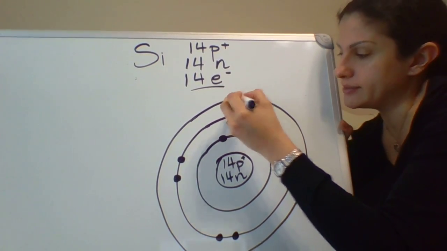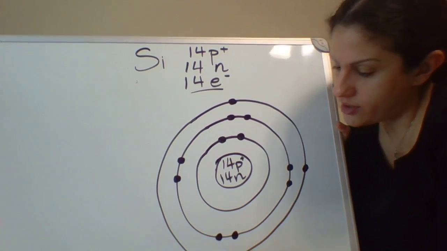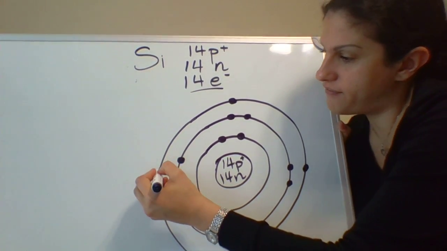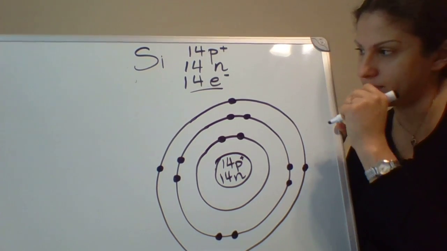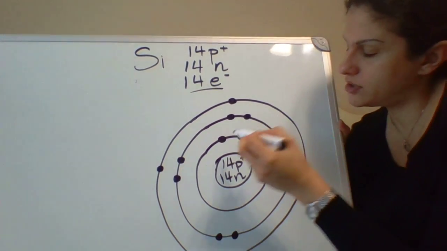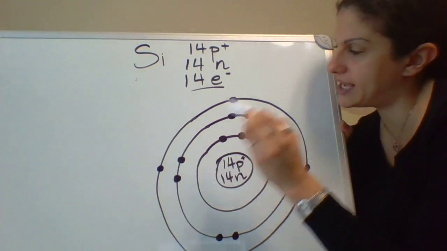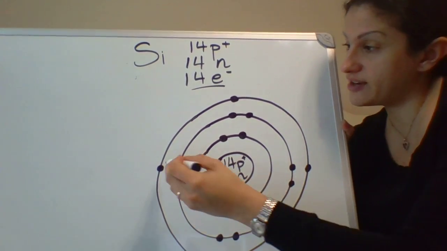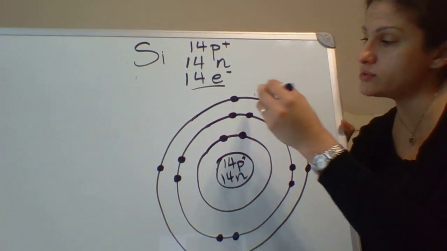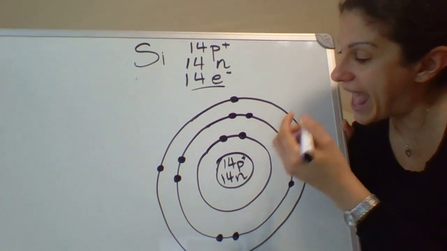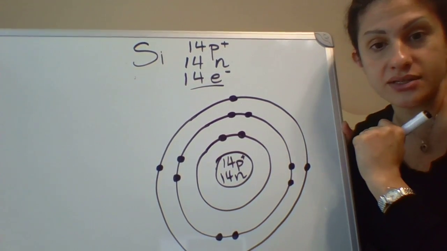You do 1, 2, 3, 4. Okay? Do we need to pair them? Let's count. 1, 2, 3, 4, 5, 6, 7, 8, 9, 10, 11, 12, 13, 14. So we do not need to go around again and pair them because we have our 14 electrons.